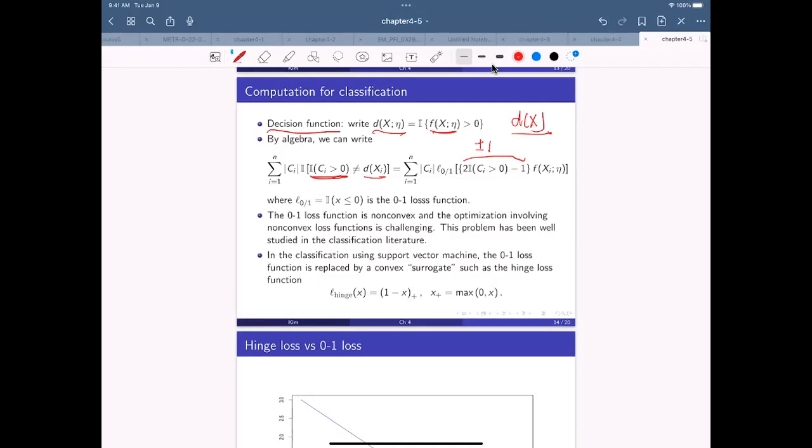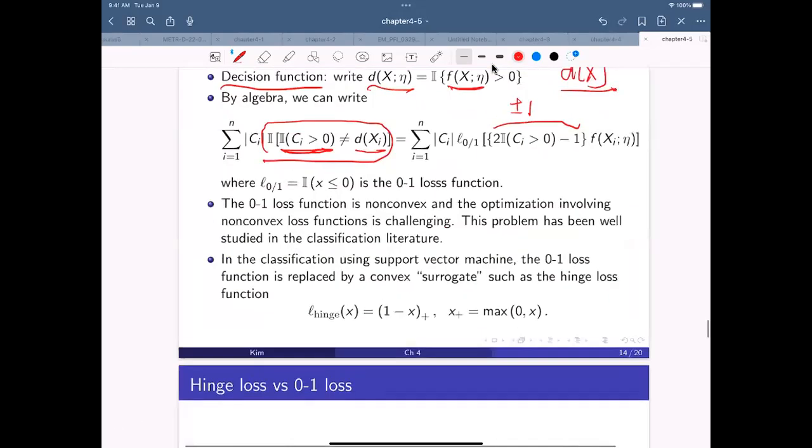This is my point. This is equal to 1 only if C_i is positive and F(x) is negative, or C_i is negative and F(x) is positive.